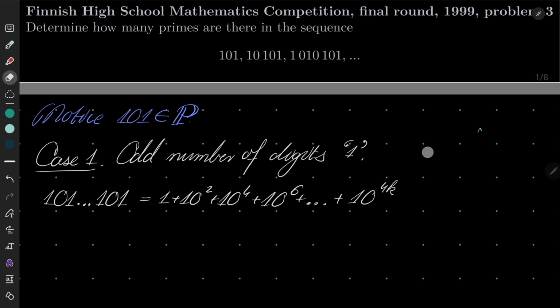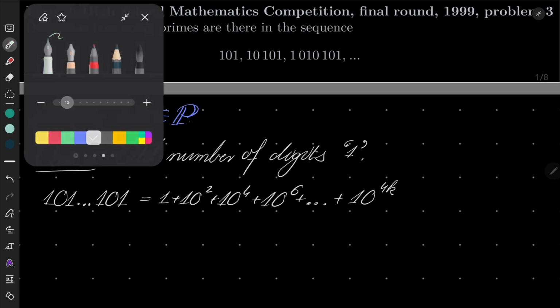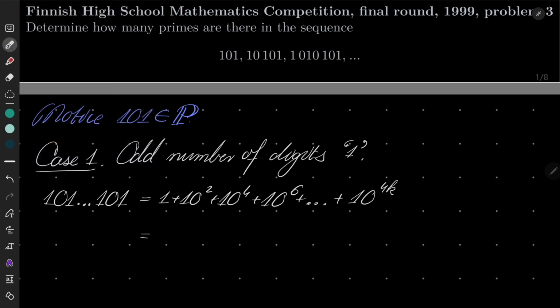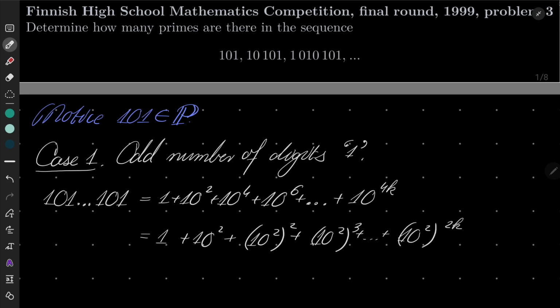Okay. And now, using the well-known formula for geometric progression. How many terms are there? Well, maybe I will write it in a more suggestive way. It's 1 plus 10 squared plus 10 squared squared plus 10 squared to the 3rd power and so on, 10 squared to power 2k.